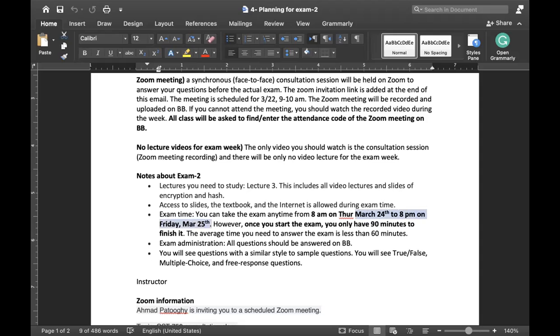You will have from 8 a.m. March 21st until 8 p.m. March 25th, which is about 40 hours. It's similar to the previous exam: you start and need to finish it in one session, and that session is going to be 90 minutes.